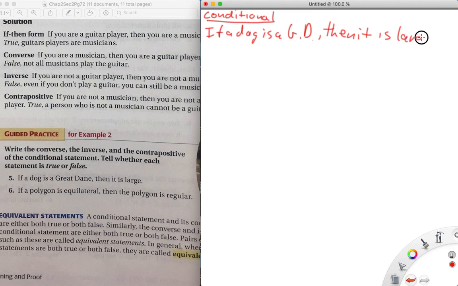So that's absolutely true. Great Danes are some big old dogs. So we're going to call that true. I can't think of a condition where I have a dog that's a Great Dane and is small.